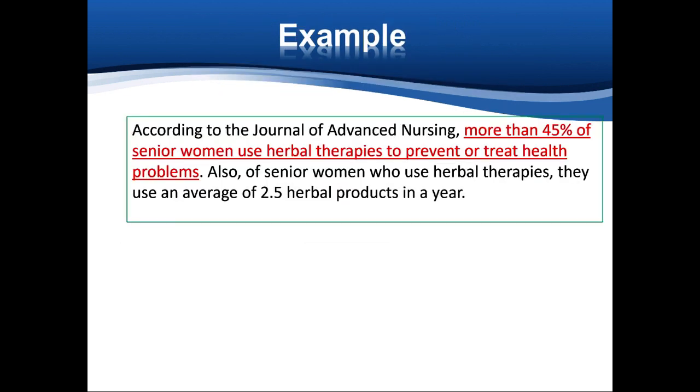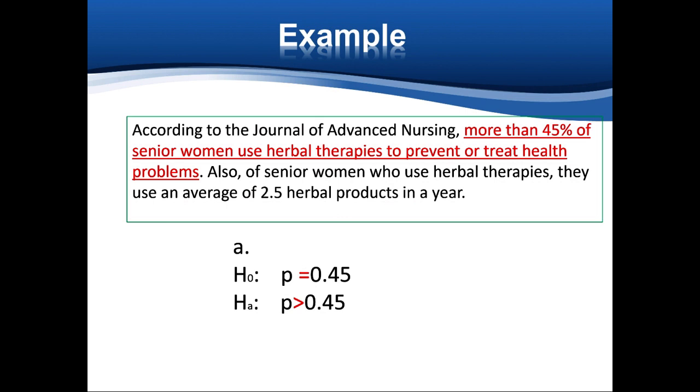In this example, we have two claims. Let's set up one by one. According to Journal of Advanced Nursing, more than 45% of senior women use herbal therapies to prevent or treat health problems. In this statement, the key word is more than, and it is the proportion P, not the mean.